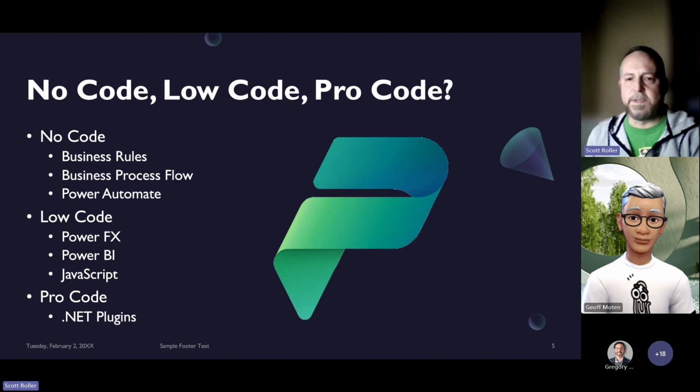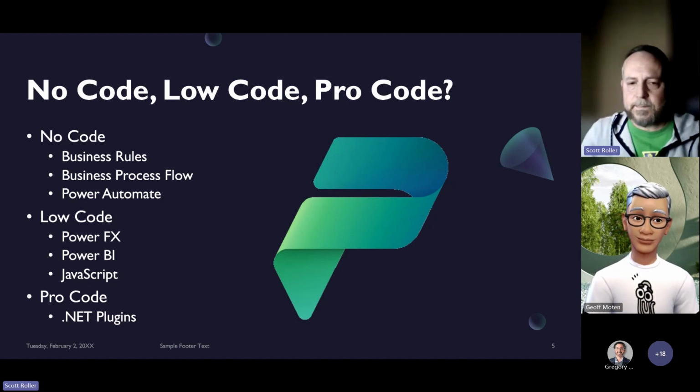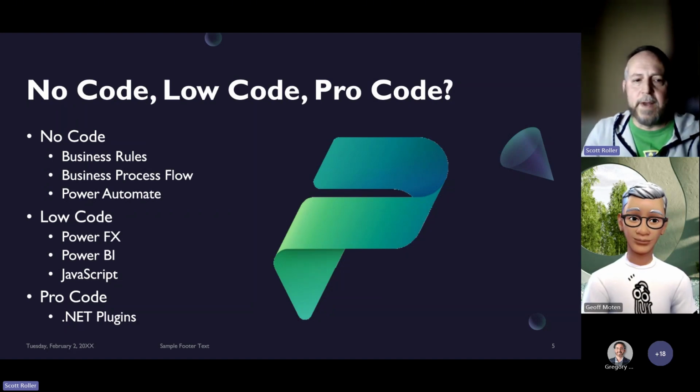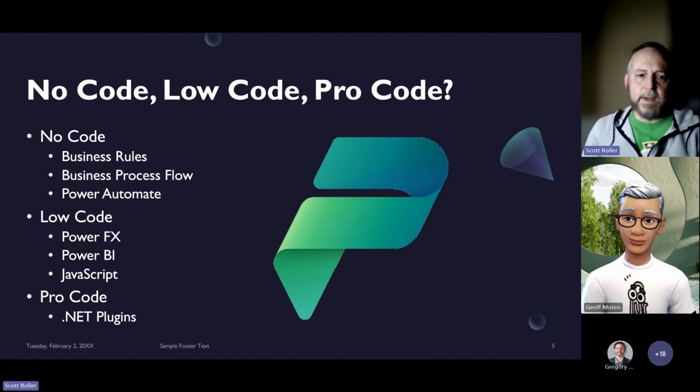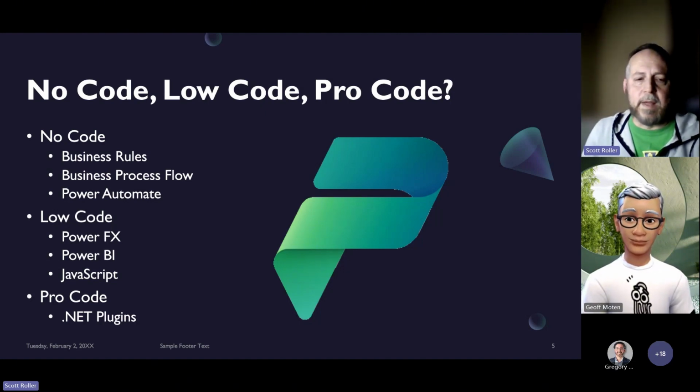Business process flow, we'll see an example of that, but that's at the top of the form and guides us through a process, and it'll make sure that the end users are using the right process in each step of the way, that the right fields are filled out. And then we have Power Automate, which, as I mentioned, is a part of the Power Platform.